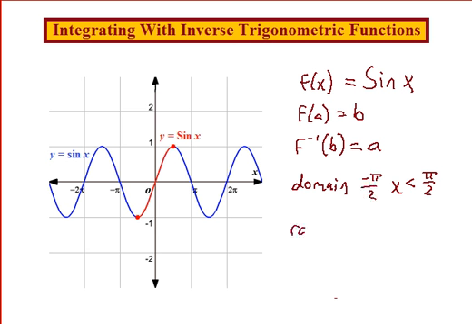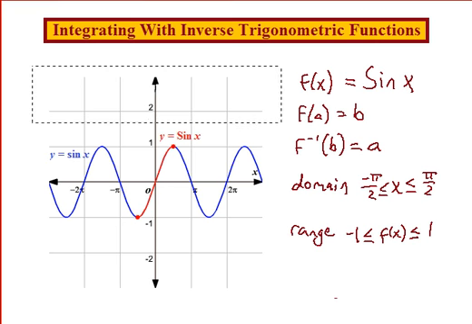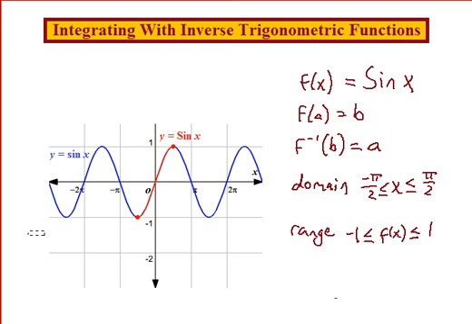The range of cap sine x is f of x, such that it is between -1 and +1. The inverse of cap sine x then will have a domain of -1 to 1 and a range of negative pi over 2 to positive pi over 2.